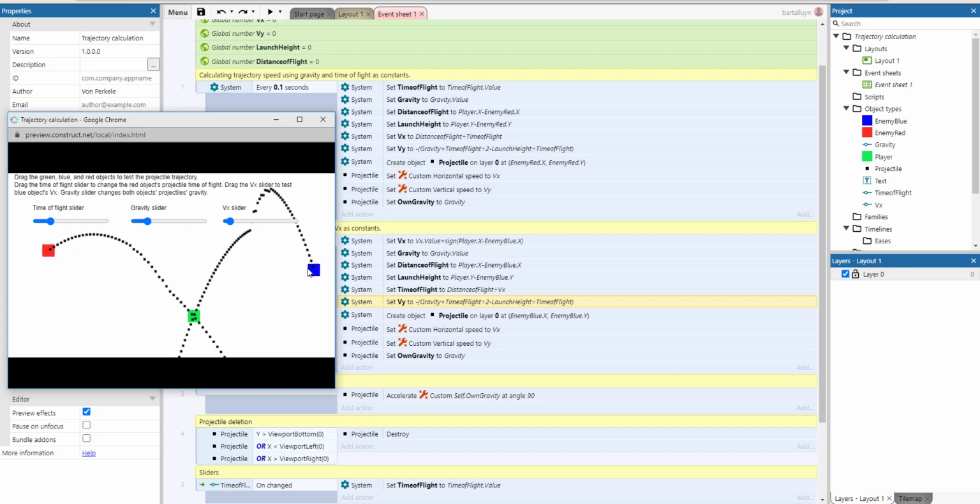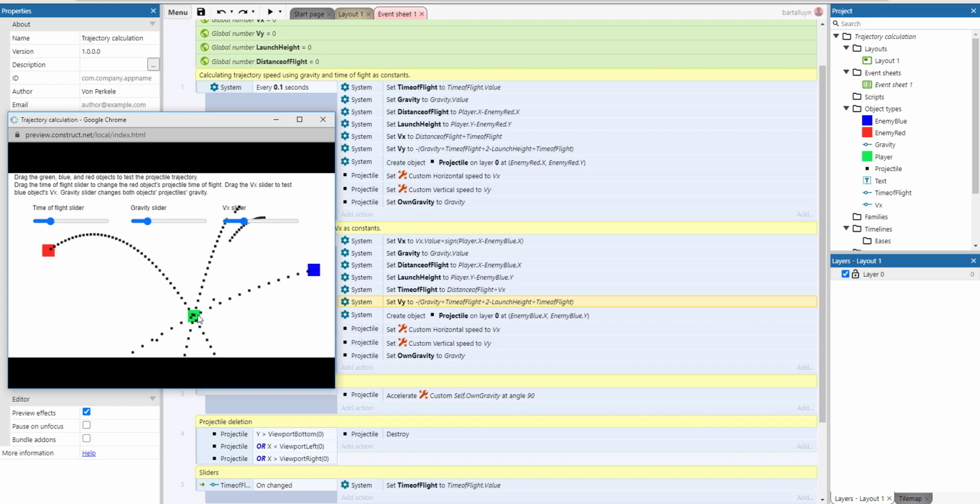And then there is this blue enemy, which is not controlled using the time of flight slider, but instead is using the VX slider. The V stands for velocity. It's actually the horizontal velocity, the X velocity. And instead of taking time of flight as a given, it's actually calculating the time of flight based on the velocity we're setting here. We're saying you need to go that fast.